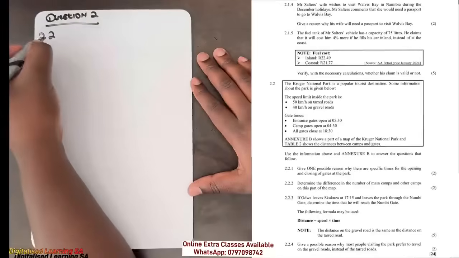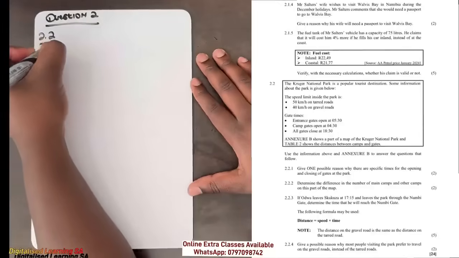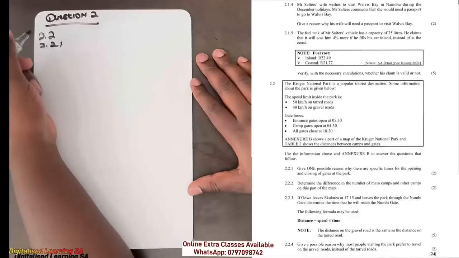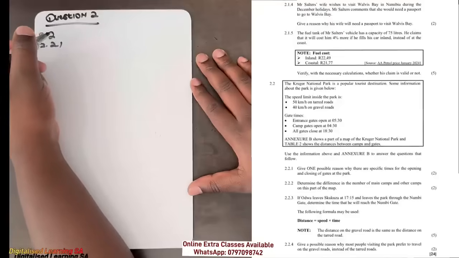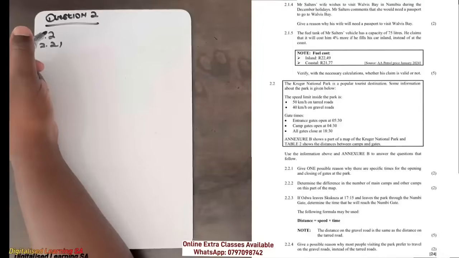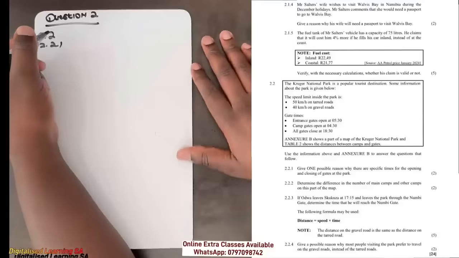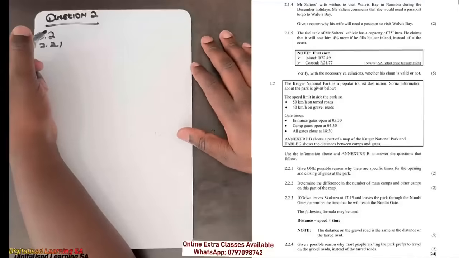Okay, so now let's go ahead and answer our first set of questions. Question 2.2.1 says: give one possible reason why there are specific times for the opening and closing of gates at the park.